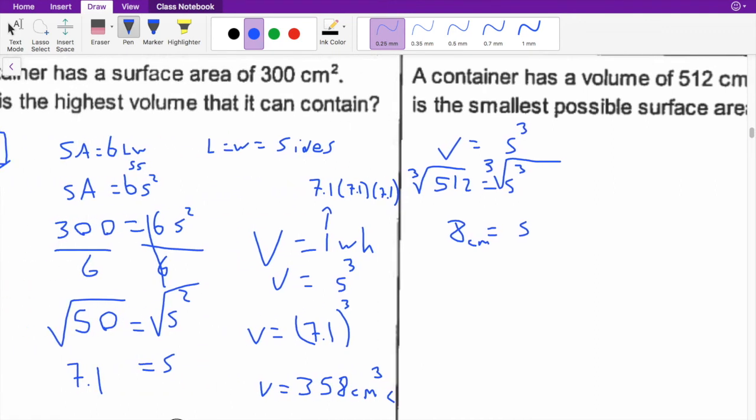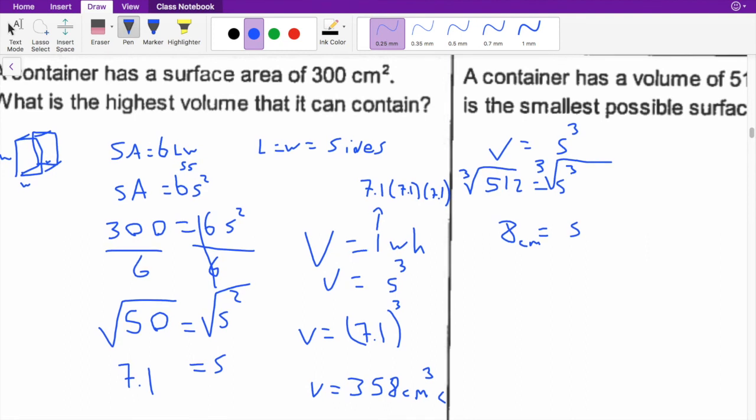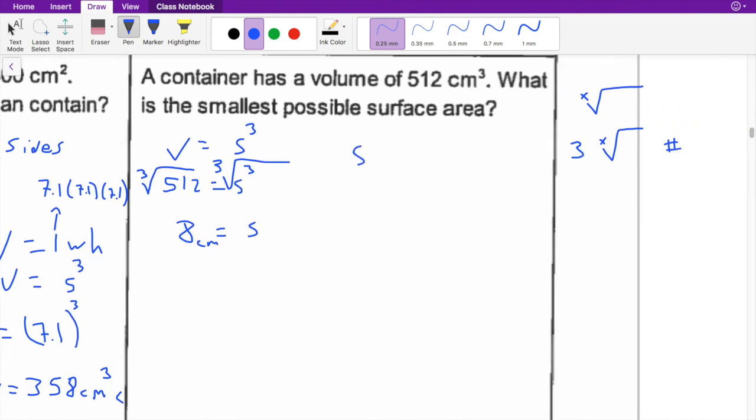Then if we go back over here and we say, okay, what's the formula for surface area of a perfect cube? It's going to be length times width times 6, or 6 times S squared. So surface area equals 6. Sorry, not S squared, my fault. S cubed.